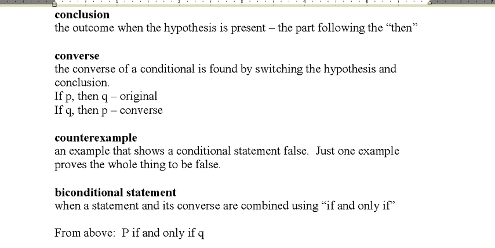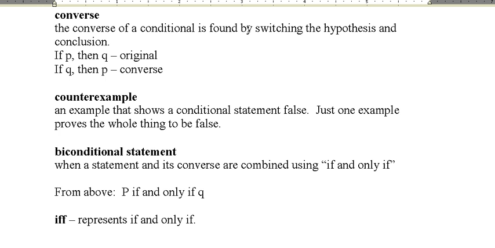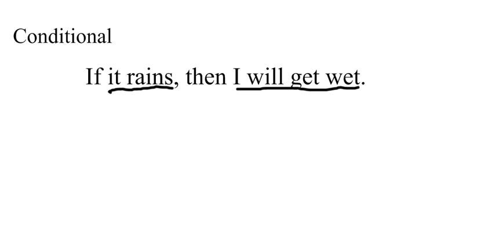A converse of a conditional statement is found by switching the hypothesis and conclusion. So if the original was if P, then Q, P representing the hypothesis and Q representing the conclusion, then the converse would be if Q, then P. An example of this can be seen here.